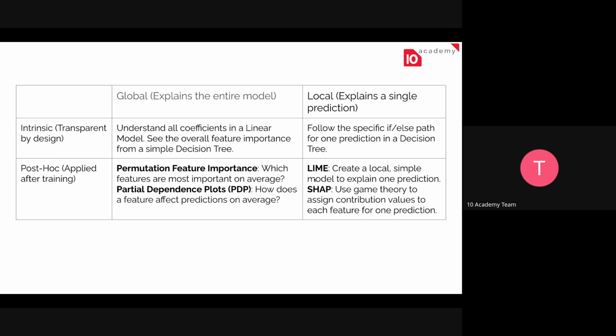For post hoc and local, after you see the output, you want to see how the features play their role in it. LIME creates a local simple model to explain one prediction. And SHAP is based on game theory. It assigns a contribution value to each feature for one prediction.